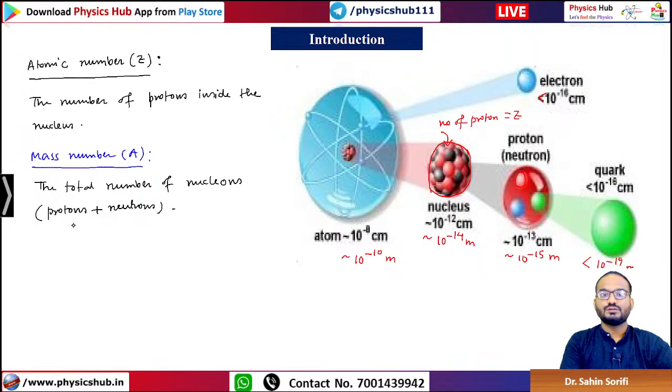Total number of protons is denoted by Z. Total number of neutrons is denoted by N. So A is Z plus N.